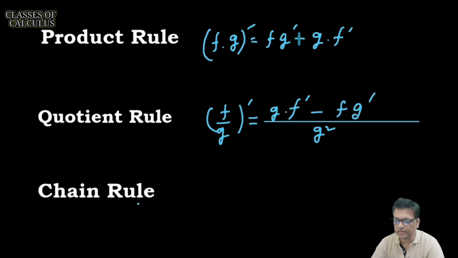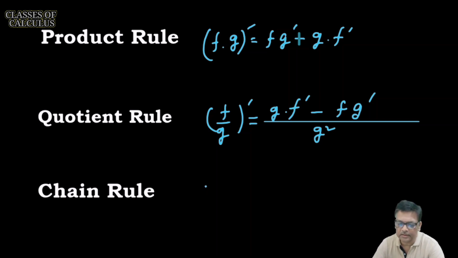Next one is the chain rule, which is also an important rule. For a composite function or function of a function, this rule is applied. Here you have to differentiate the outer function first and then multiply by the derivative of the inner function.